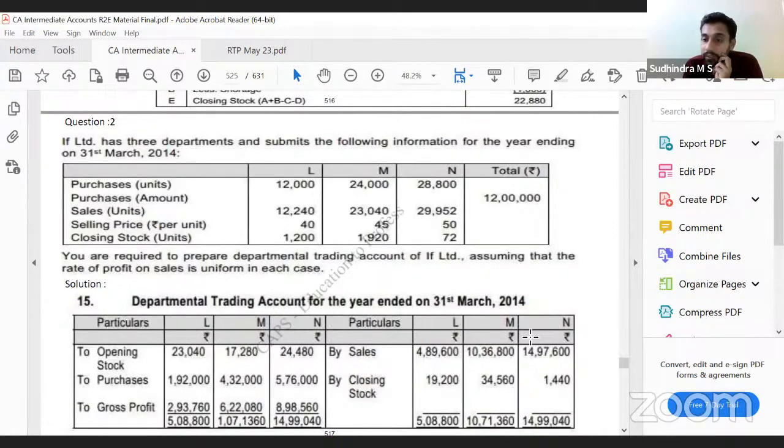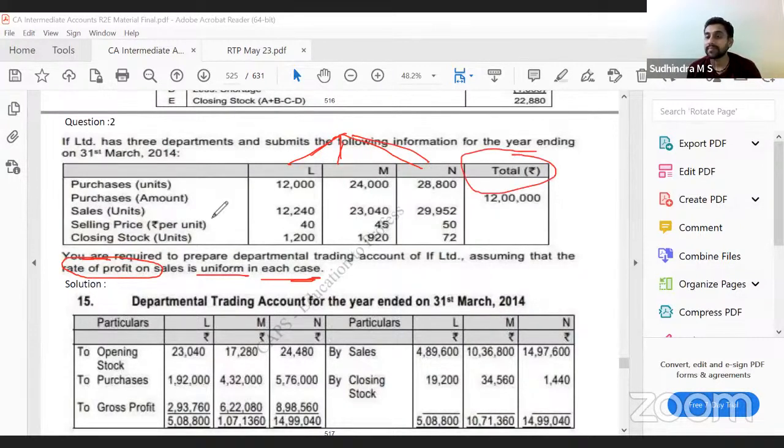Yes, sir. Okay, right. Yes, Varshini, tell me. Can you just say what does that uniform in each year hint? Simple. See, rate of profit on sales is uniform in each case. That means gross profit percentage of each department is the same. If gross profit percentage of each department is the same, the total gross profit percentage will also be the same.